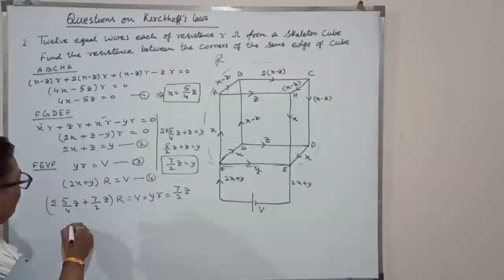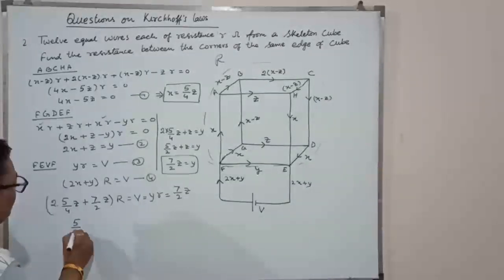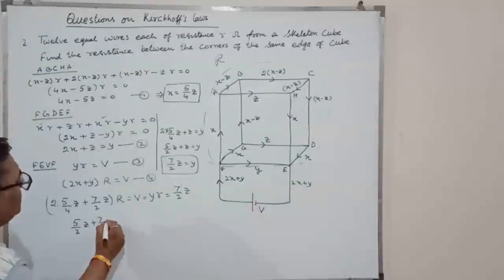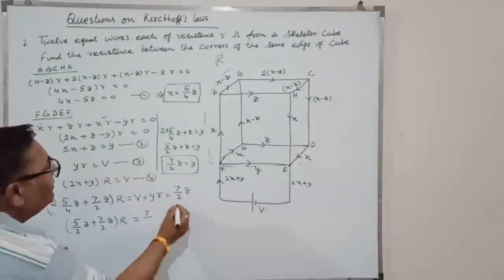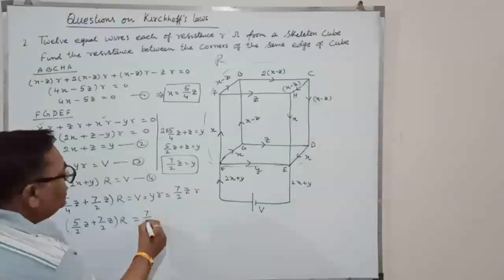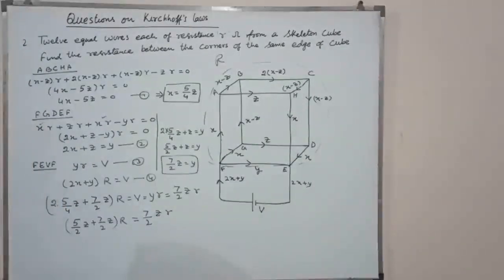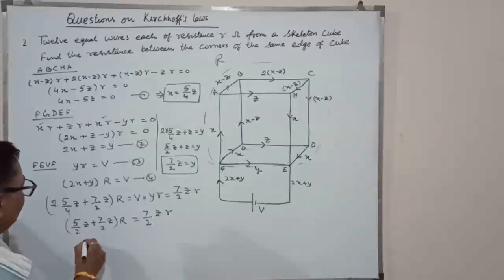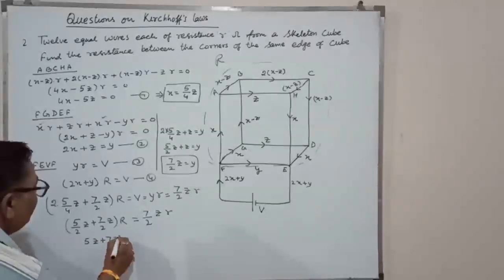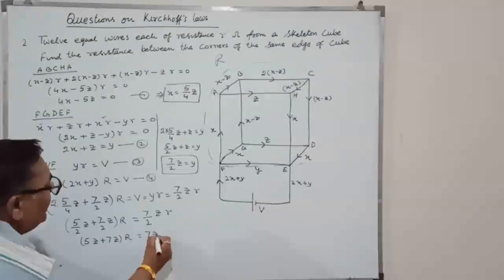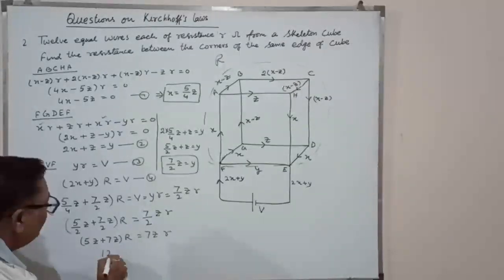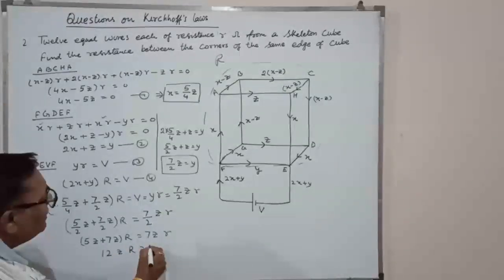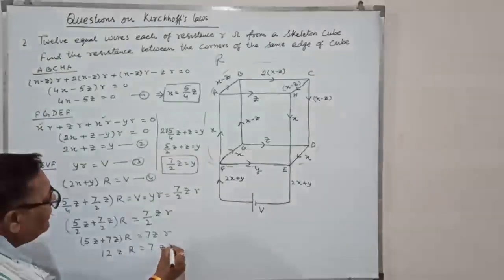Or 5 by 2 z plus 7 by 2 z into R is equal to 7 by 2 z into small r, or multiplying throughout by 2, that is 5z plus 7z into R is equal to 7z into r, or 12z into R is equal to 7z into r.